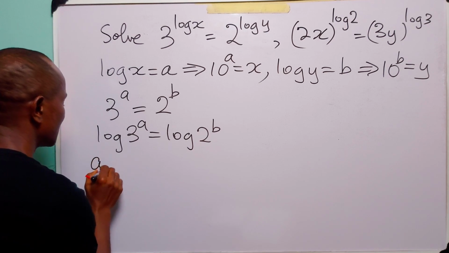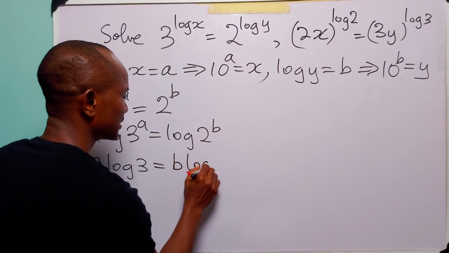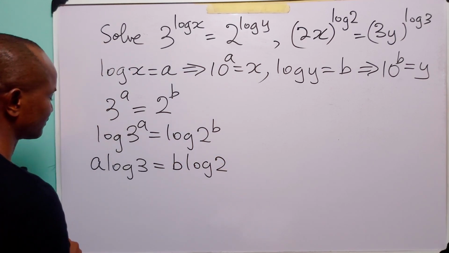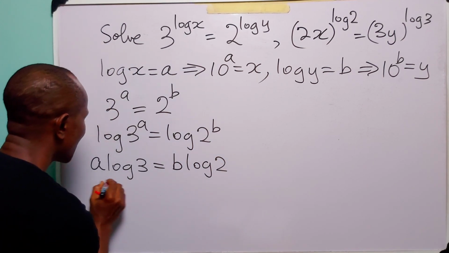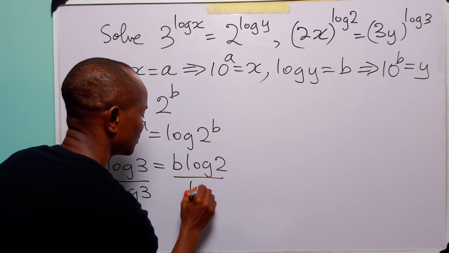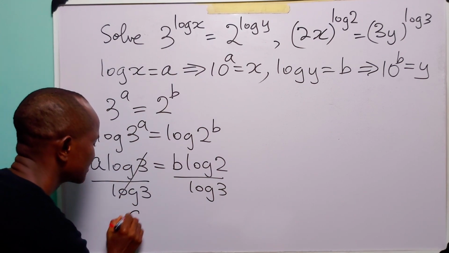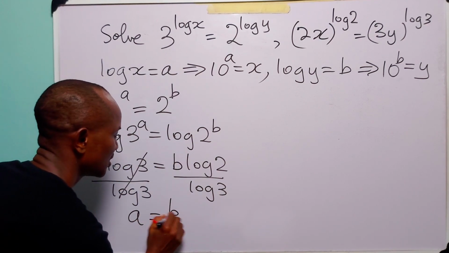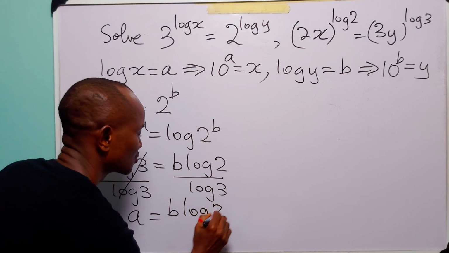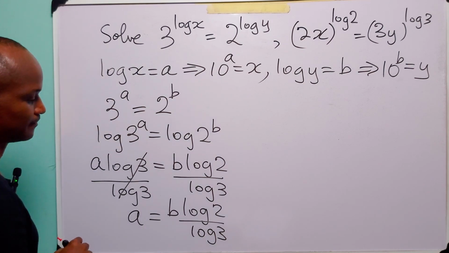That is, we have a times log 3 is equal to b times log 2. Now, if we divide both sides of this equation by log 3, we are going to have that a is equal to b times log 2 divided by log 3.